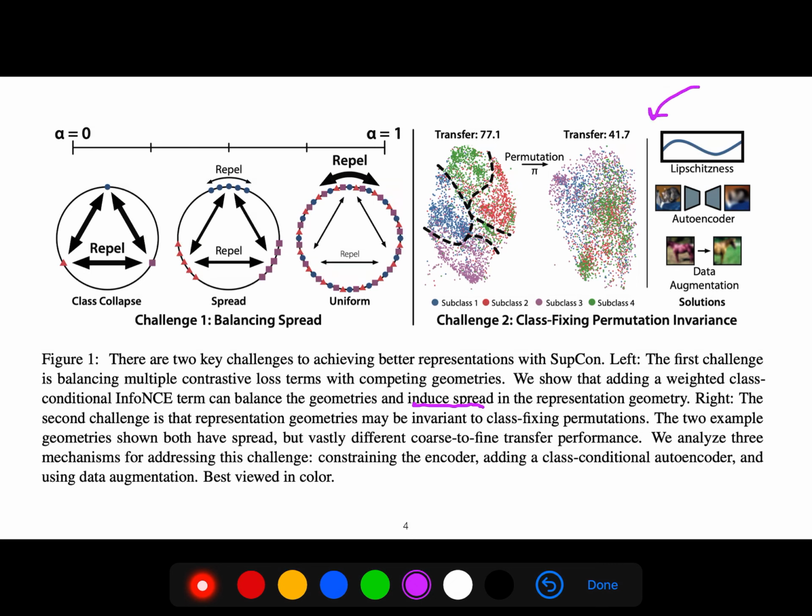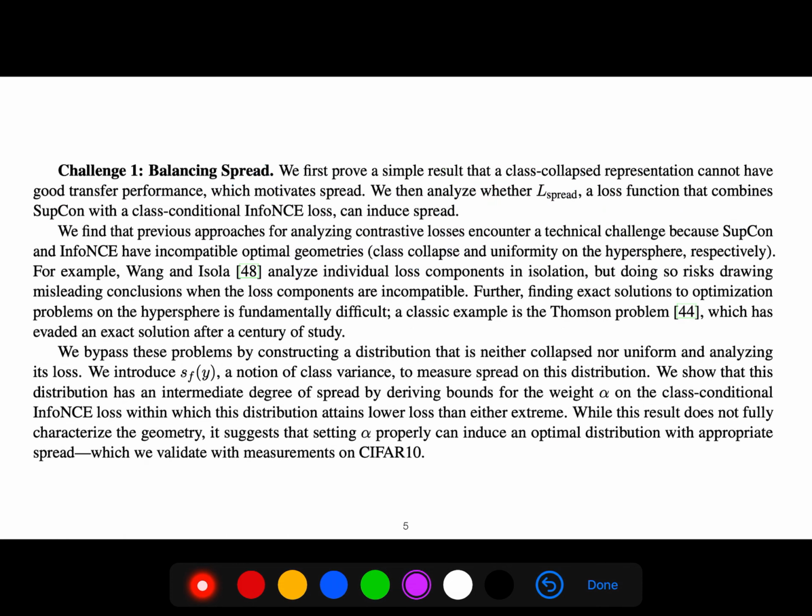In the right picture, the second challenge is that representation geometries may be invariant to class fixing permutations. The two examples shown both have a spread, but vastly different downstream transfer performance. We analyzed three mechanisms for addressing this challenge: constraining the encoder, adding a class conditional autoencoder, and using data augmentation.